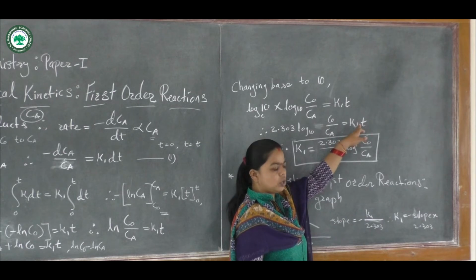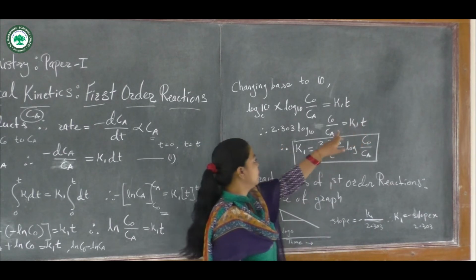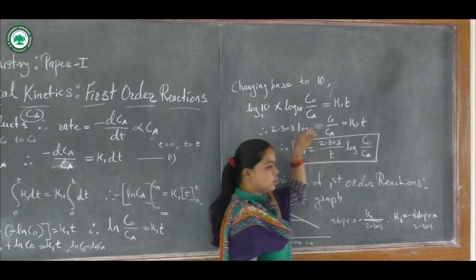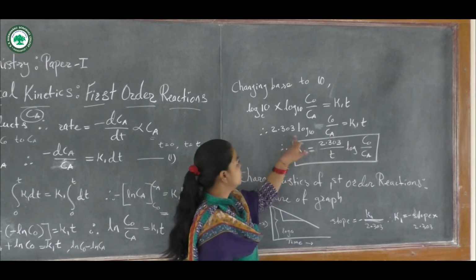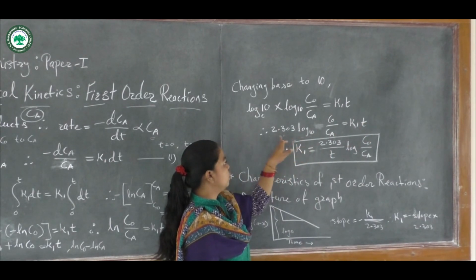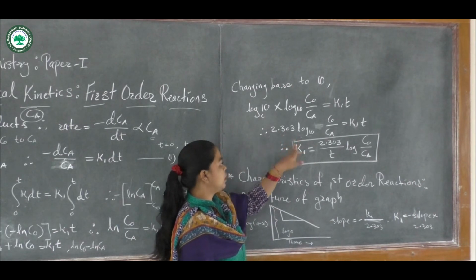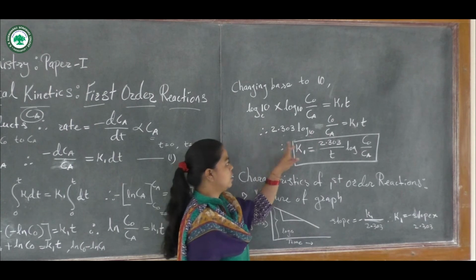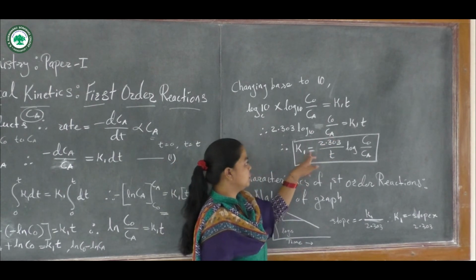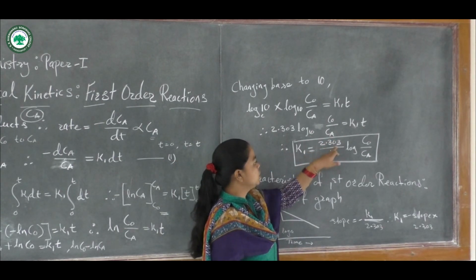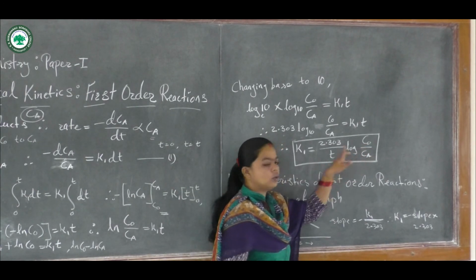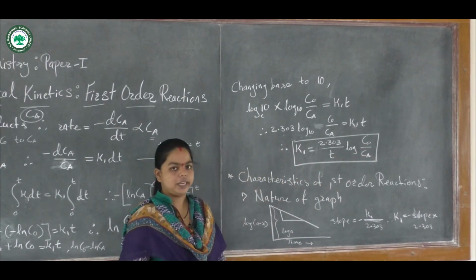k1 is the first order rate constant. So k1 t is multiplied here. When it comes on the left hand side, it goes below: 2.303 divided by t. It is multiplied, so it becomes divided on the left side. So we are getting k1 equals 2.303 divided by t into log of C0 upon Ca.